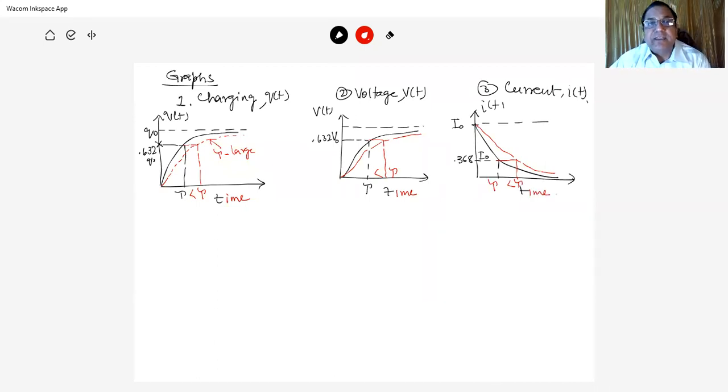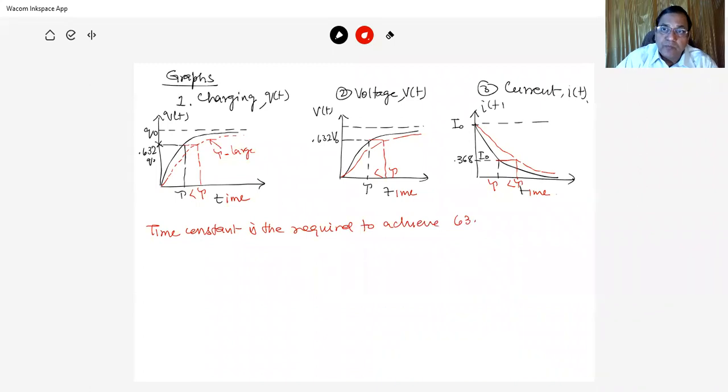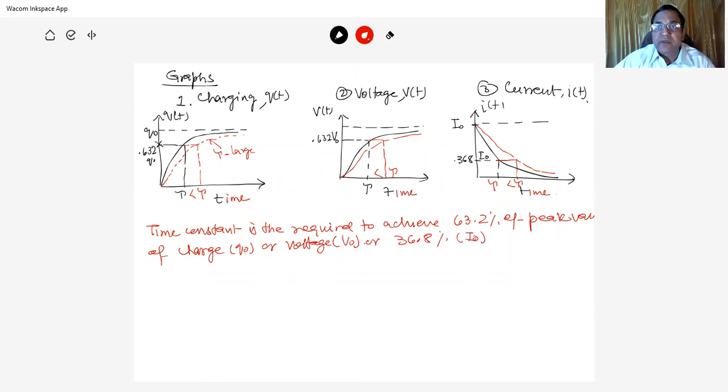So the variation of current, that is the time constant, is the required time to achieve 63.2% of peak value of charge or voltage V0, or 36.8% of I0 current.